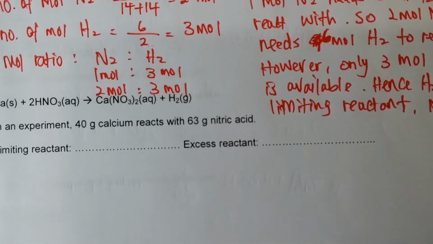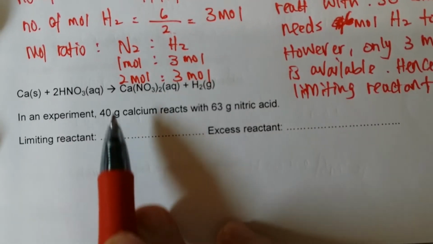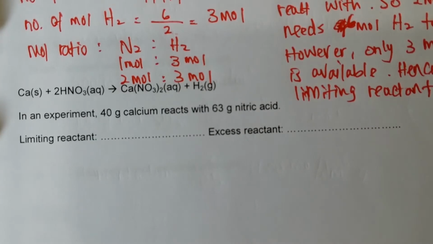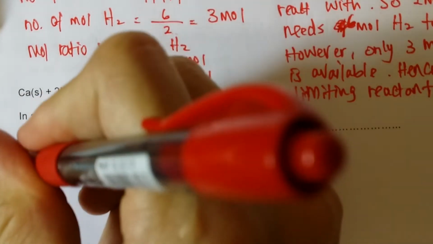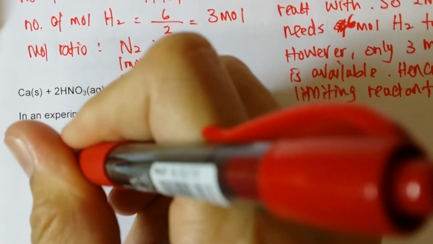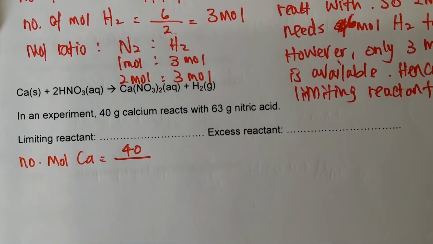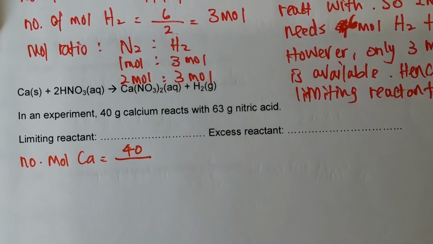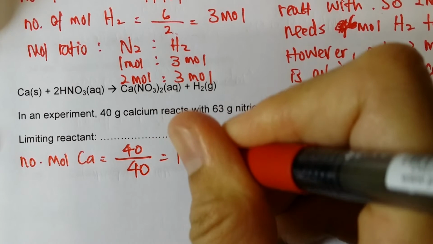Now, next one: 40 gram of calcium reacts with 63 gram of nitric acid according to this chemical equation. So you have to convert this 40 gram of calcium to number of mole. Number of mole of calcium is mass divided by the AR for calcium, and the AR for calcium is 40, which is 1 mole.